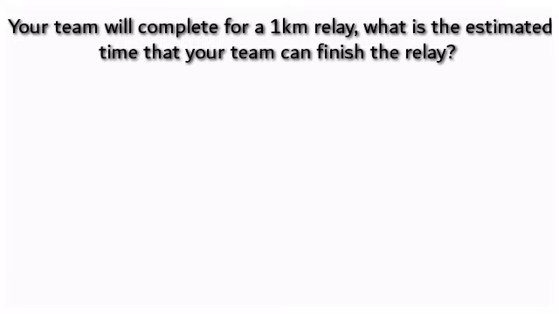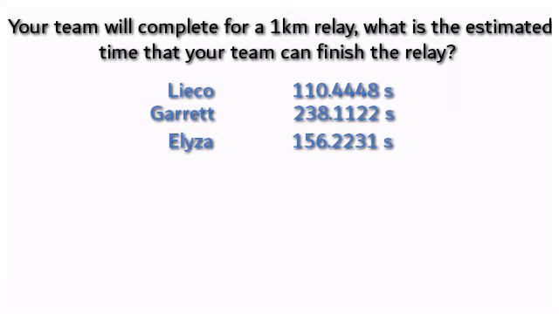After computing, let's go back to the problem. The question is, what is the estimated time that your team can finish the relay? In order to answer that, let's put here the times we answered a while ago. Lyco took 110.4448 seconds to do his part in the relay, Garrett took 238.1122 seconds, and Eliza took 156.2231 seconds.